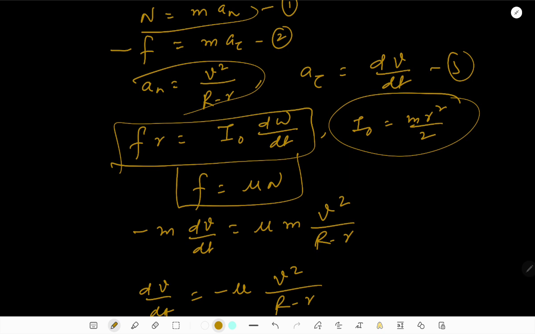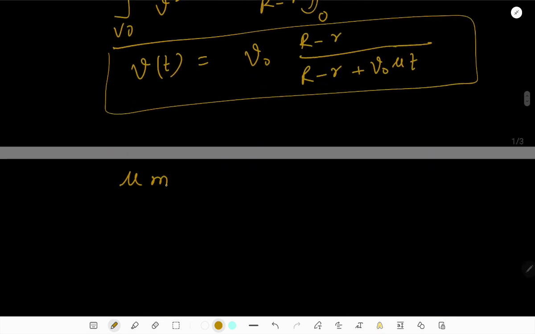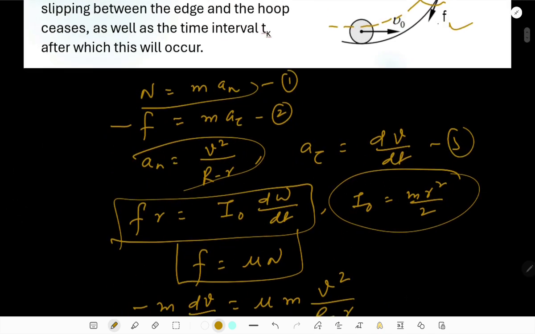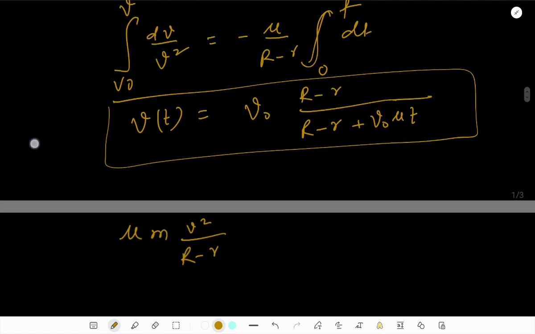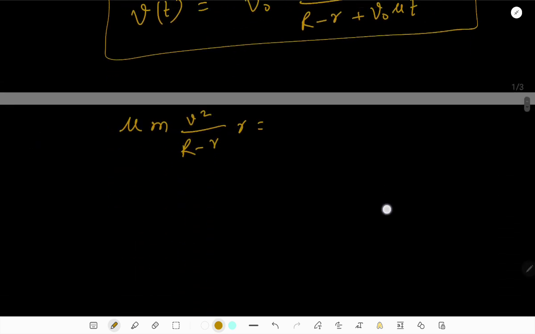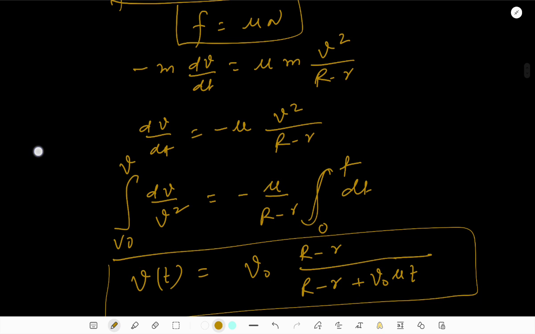So I'm going to write F equals mu N, and N is m v square by (R minus r), multiplied by r, equal to I naught.